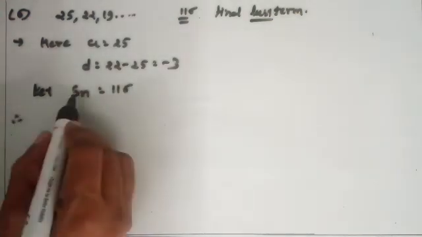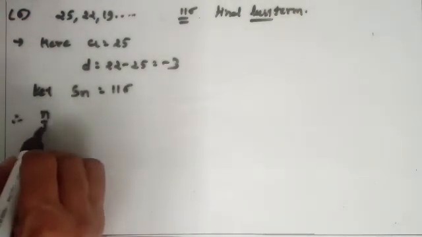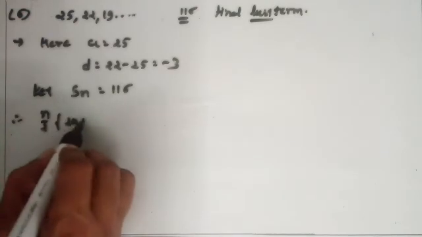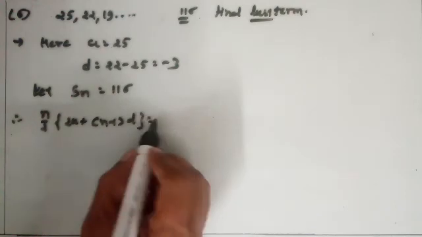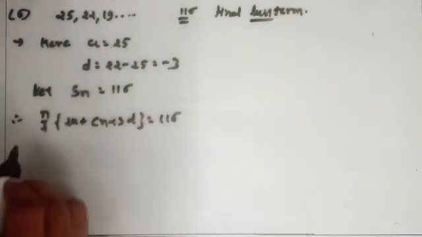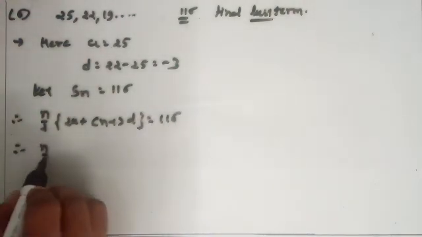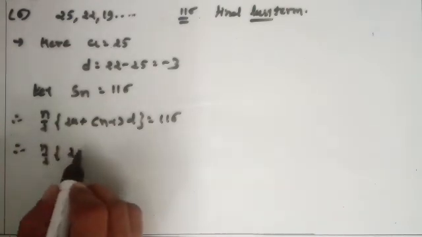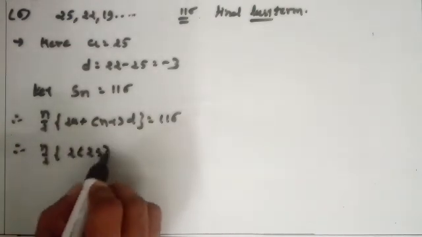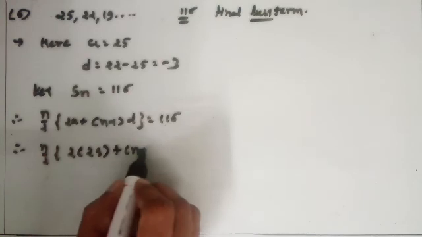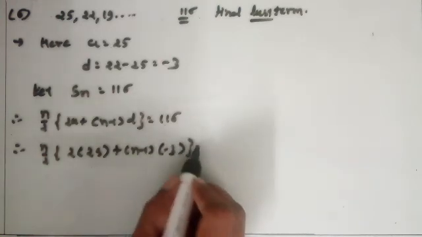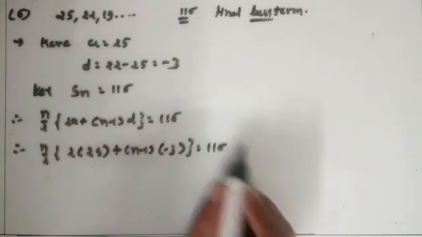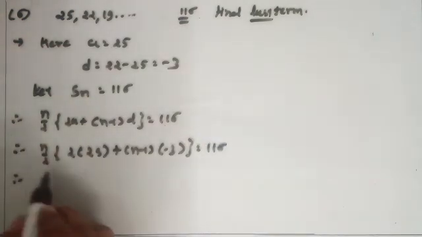Now we know that the sum of n terms is n by 2 into 2A plus n minus 1 into D, which is equal to 116, given. Therefore n by 2 into 2A, A is 25, plus n minus 1 into D, D is minus 3, is equal to 116.